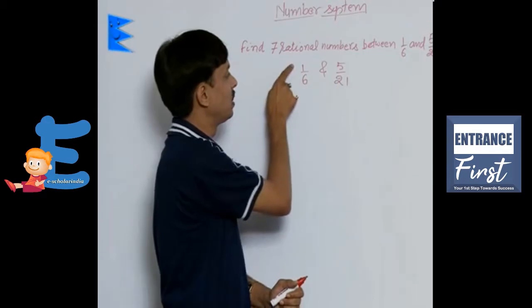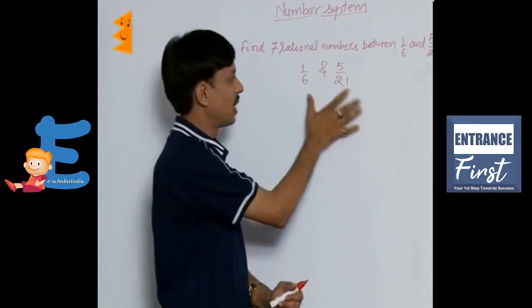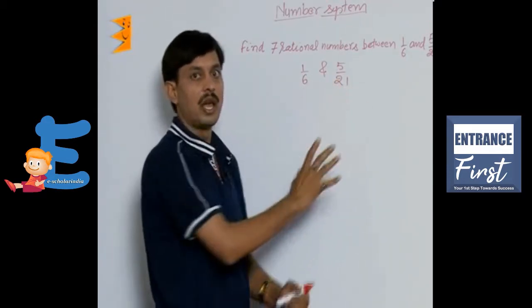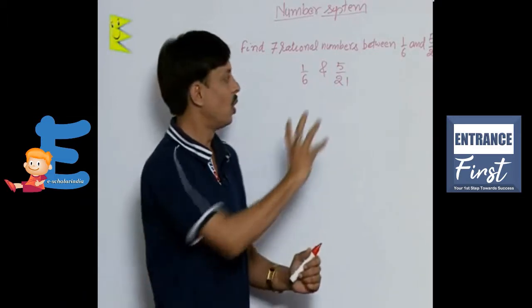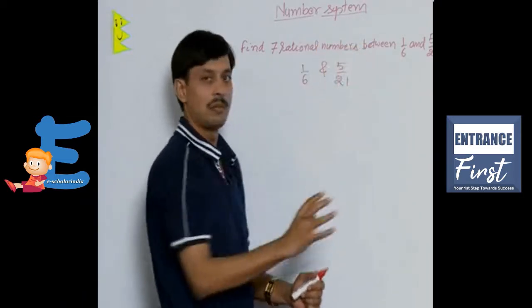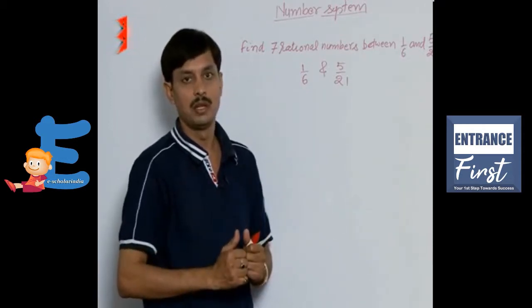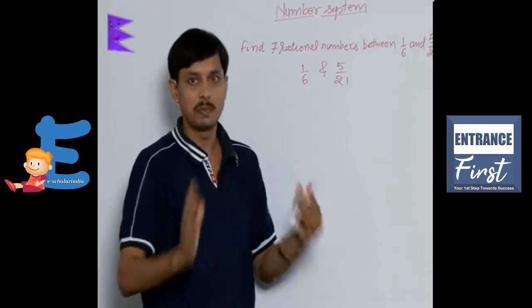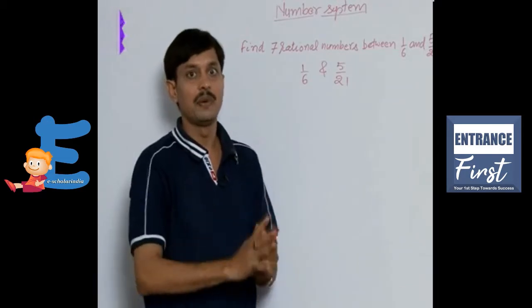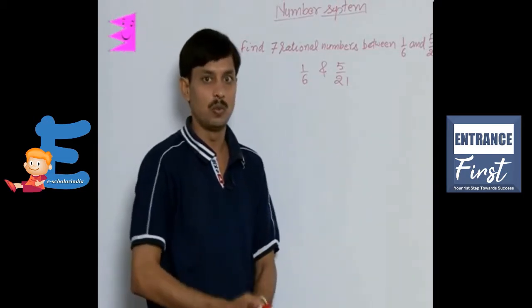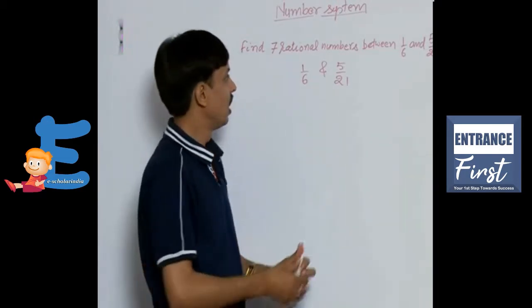Here P is 1, Q is 6. None has Q as 0 and no factor is common. So we can say these are rational numbers in simplest form, because P and Q are co-prime. The meaning of co-prime is well explained: the HCF of the two integers is 1.